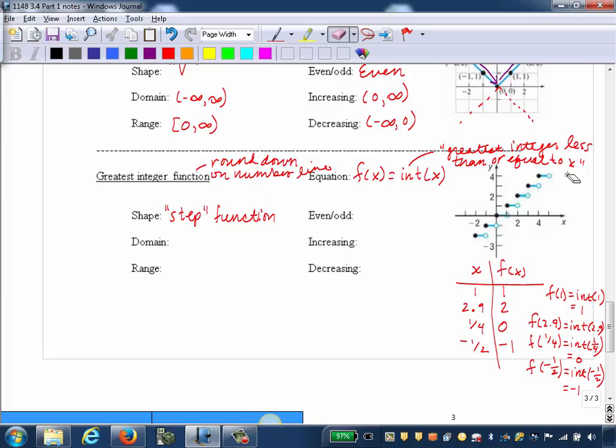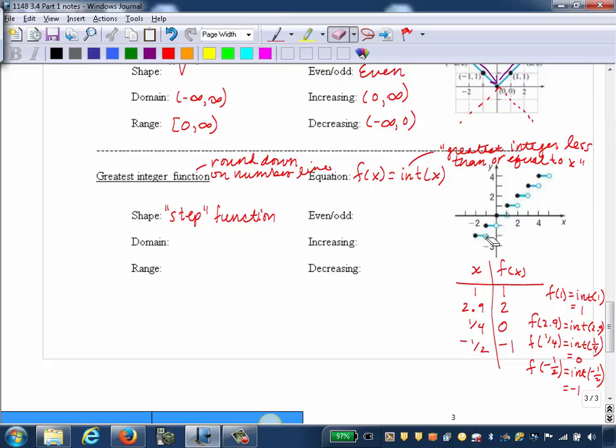The domain, if we put our pencil all the way left here, it's starting at -2. You assume this goes all the way to -infinity. You assume this pattern continues all the way to the left. But even if I just start where it's given here, if I go from -2 and trace from left to right, I've got every x from -2 all the way up.